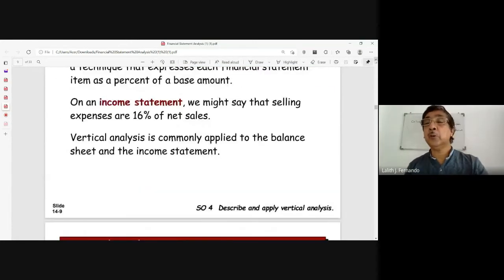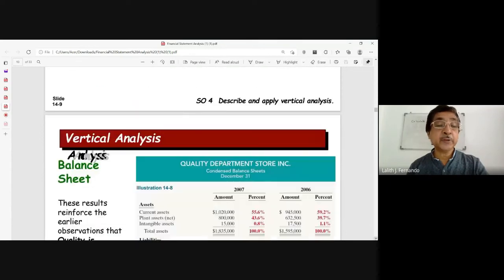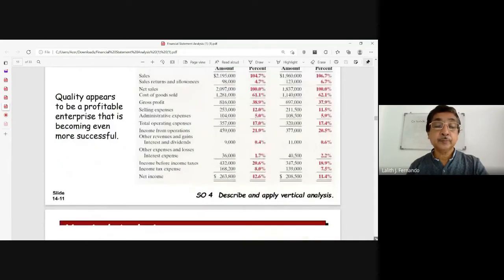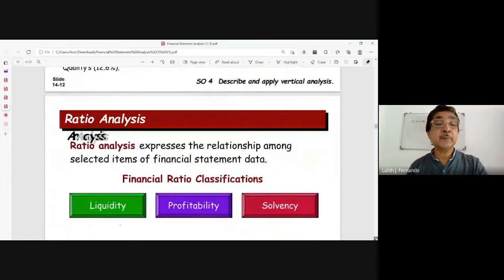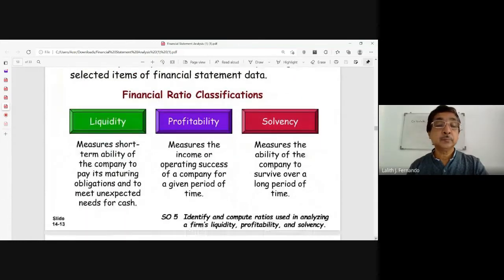Right. Now we can just see the differences of ratios in ratio analysis. Basically, we have to get the financial characteristics of an organization by looking at the liquidity ratios, profitability ratios, and the solvency ratios.